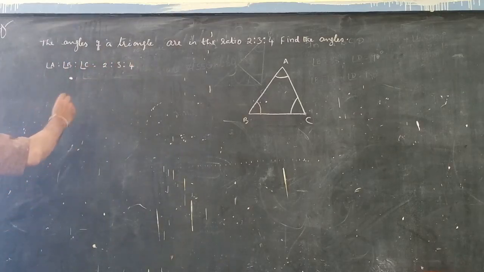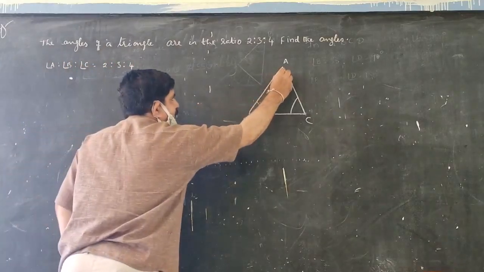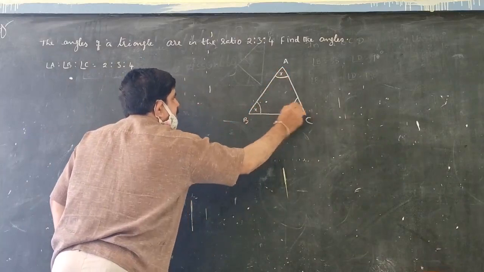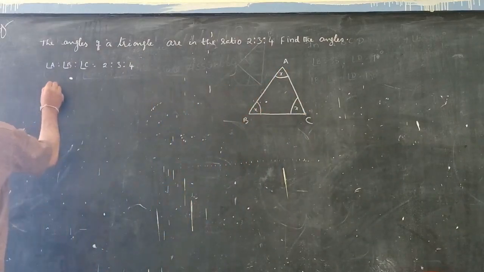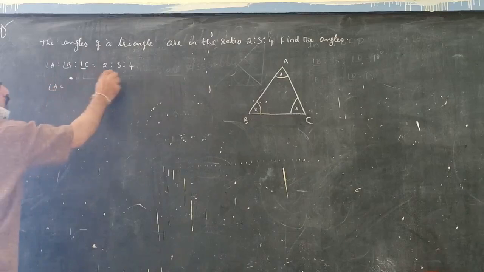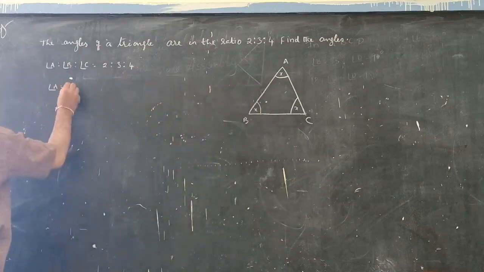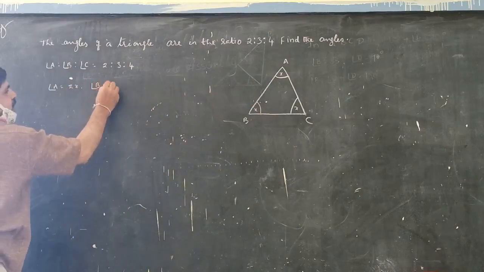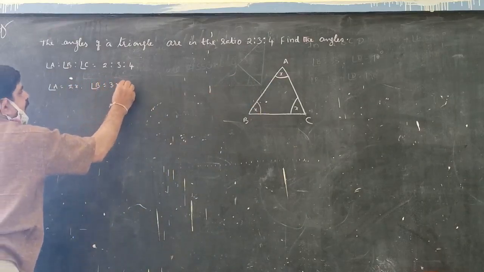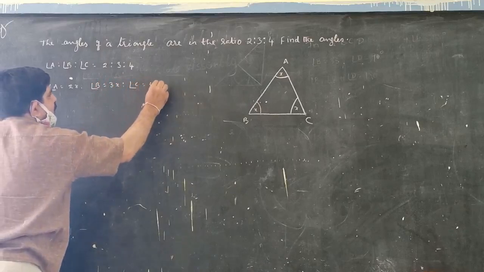Let each part be x. Angle A is equal to 2x. Angle B is equal to 3x. Angle C is equal to 4x.